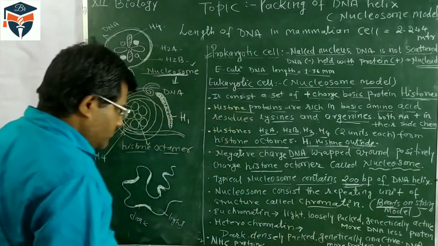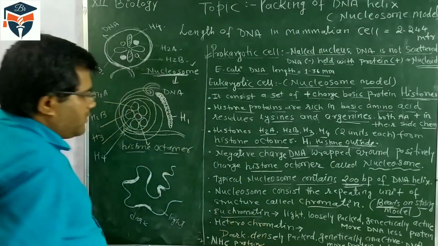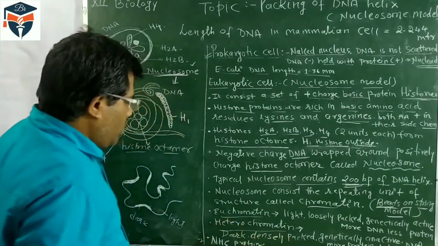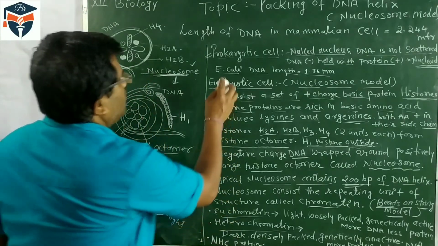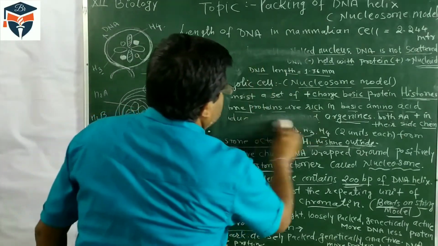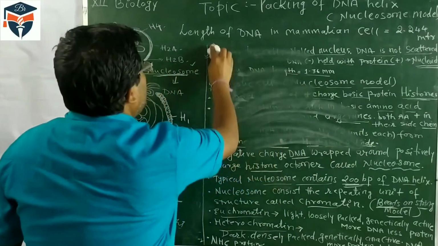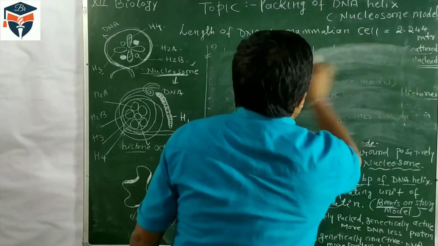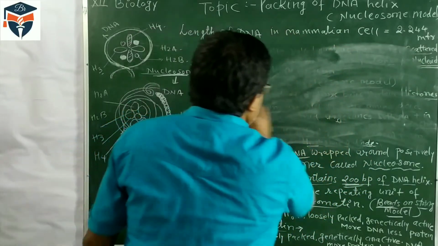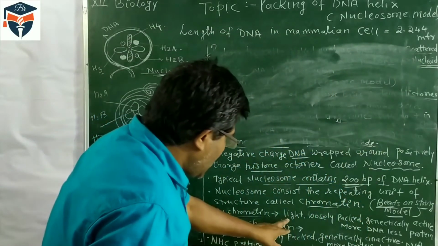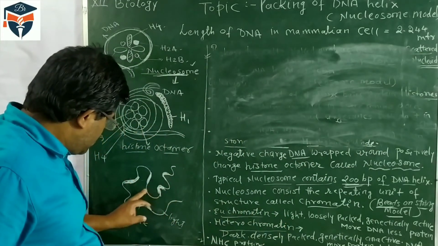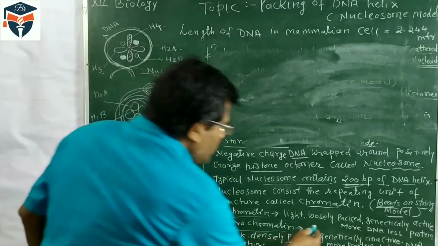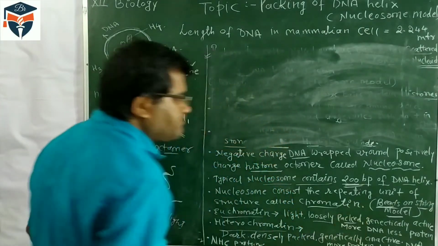Now, chromatin is divided into two parts, euchromatin and heterochromatin. First we should discuss euchromatin. In the nucleus, euchromatin is light chromatin, which is loosely packed. Why are they light?